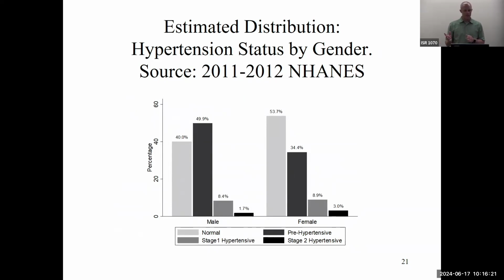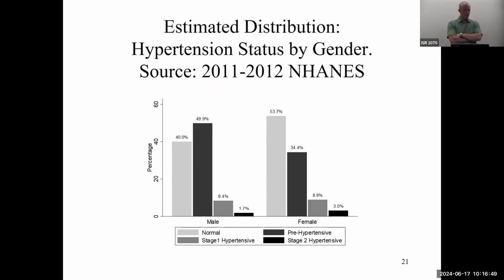This is an example of a clustered bar chart that shows you separately for males and females what the distributions are on that 4-category blood pressure status variable within the NHANES. You can see the estimated distribution for males looks pretty different from the estimated distribution for females, especially with respect to how many individuals are pre-hypertensive as opposed to normal.